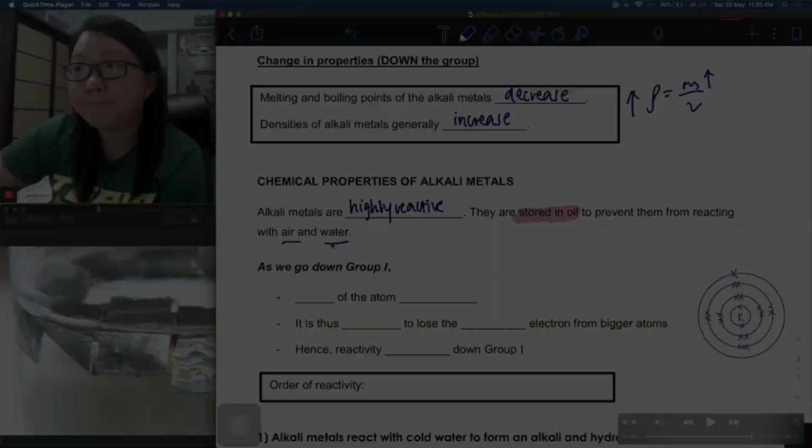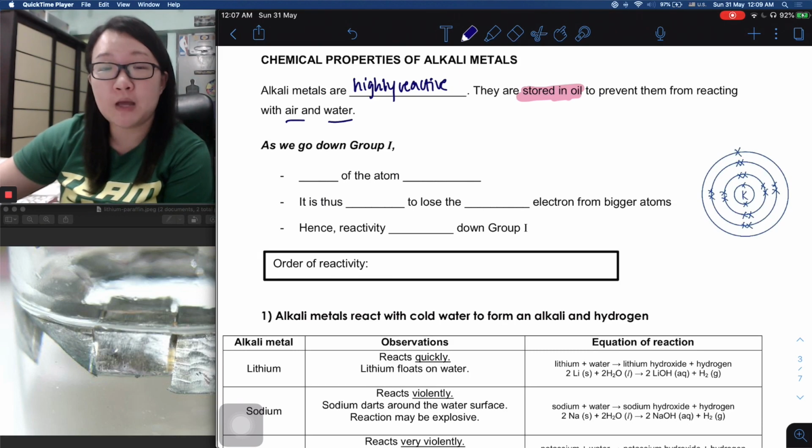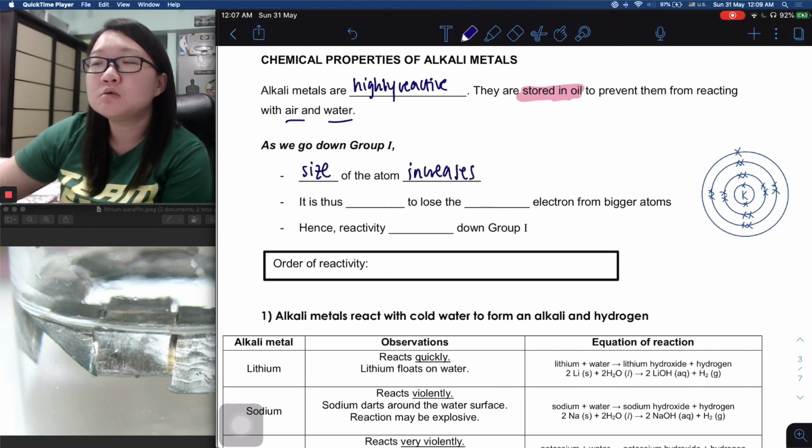Okay, let's have a look at the trends in terms of chemical properties of our alkali metals. As we go down group 1, you notice that the size of the atom starts to increase. In the notes I drew you this potassium atom, right?